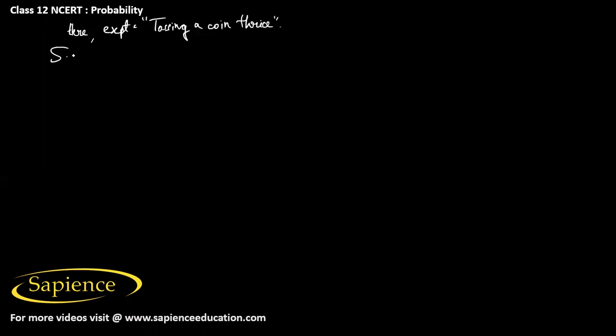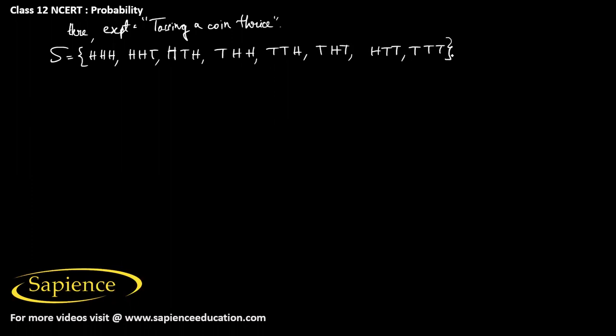Therefore the sample space of this experiment would be head, head, head; or head, head, tail; or head, tail, head; or tail, head, head; or tail, tail, head; or tail, head, tail; or head, tail, tail; and all three tails. So these are the 8 possible outcomes.